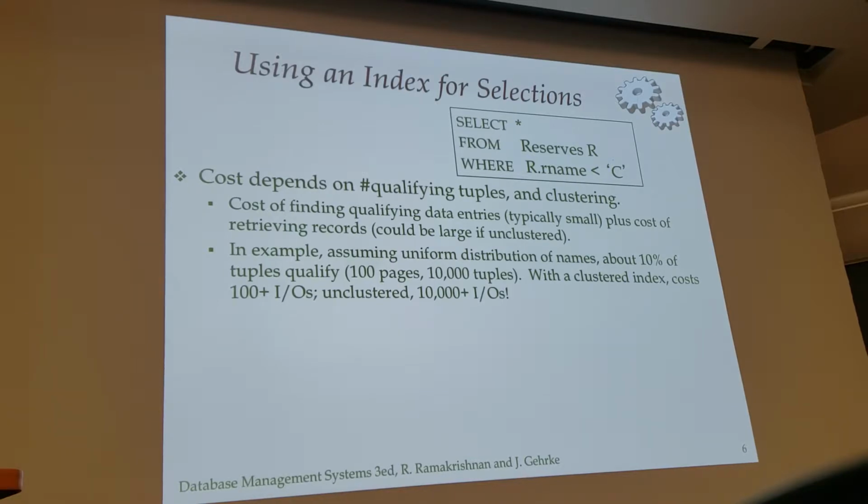That's going to be 10,000 tuples, and that will end up being 100 pages. And if there's an index, that's all you have to touch, 100 pages.